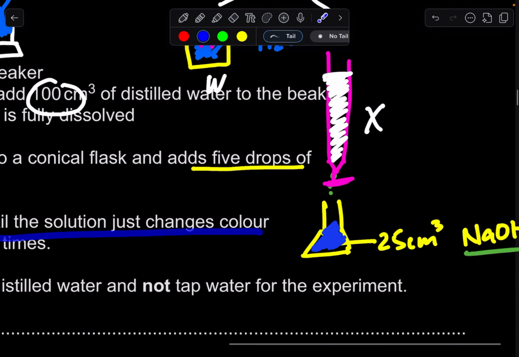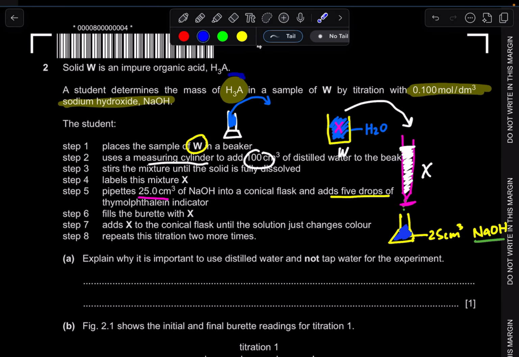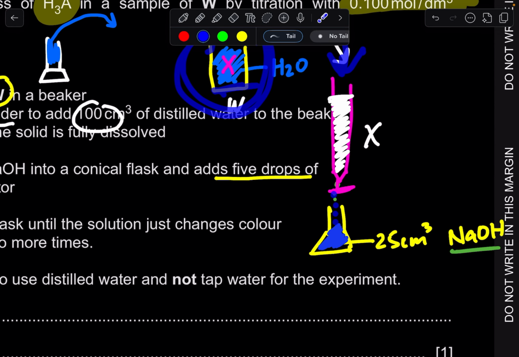So now what's going to happen? X is basically something that's going to be acidic. Why is it going to be acidic? Because W has an organic acid H3A in it. So W had H3A and we made X from W. So this X is going to be acidic. Now when you add acid to this drop by drop, what's going to happen? Thermophthalate in acid is colorless.